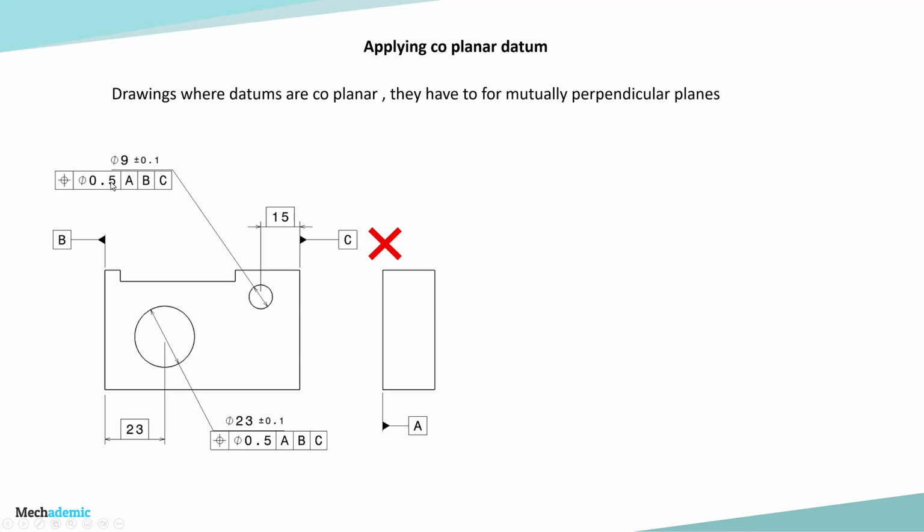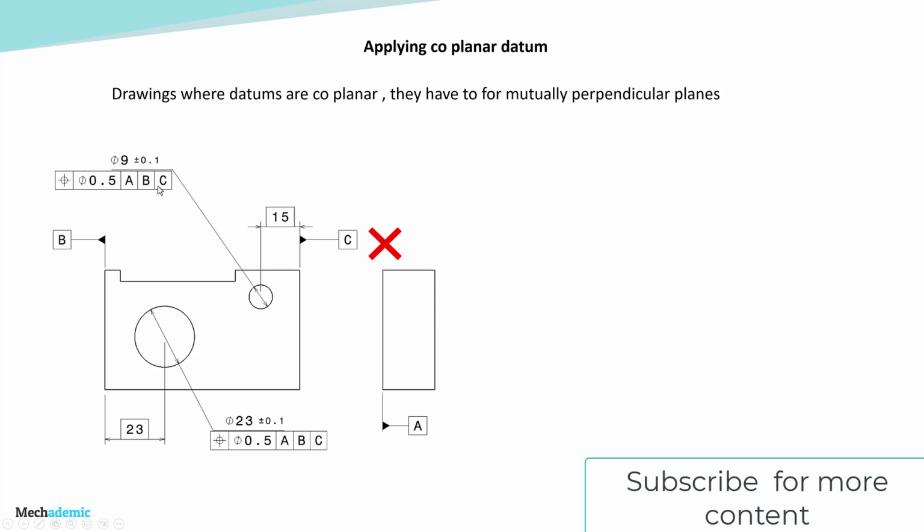But when we are controlling with respect to datum A, B and C, the primary datum controls 3 degrees of freedom, the secondary datum controls 2 degrees of freedom, and the tertiary datum controls 1 degree of freedom. But over here, the secondary and tertiary are both controlling the same degree of freedom. Hence, this is a redundant control. We cannot use coplanar datums for such cases.